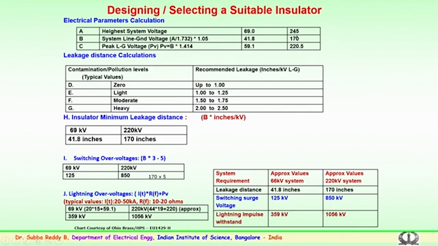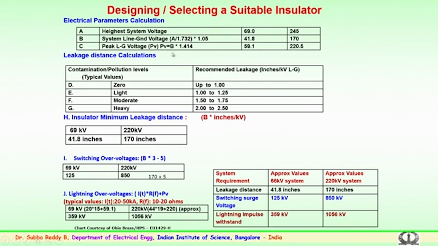The highest system voltage of a 220 kV is 245 kV, and the system line to ground voltage, that is whatever I have indicated in A, is the system voltage divided by root 3, that is 1.73, into 1.05, a 5% extra is taken into consideration for design. It gives 170, this value will be used later.